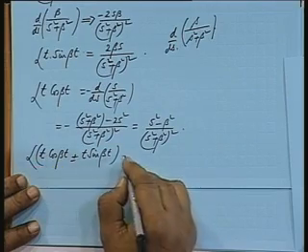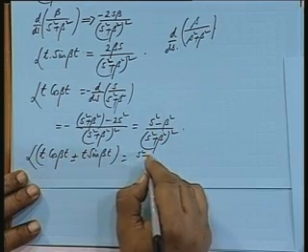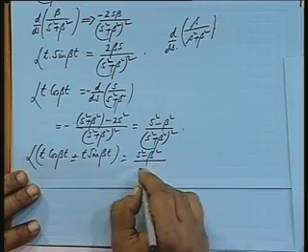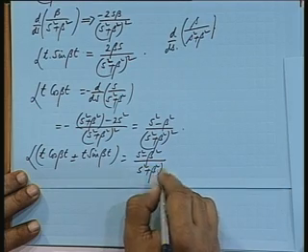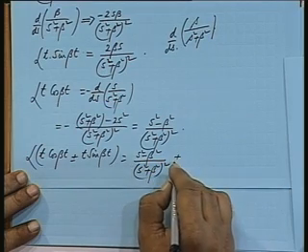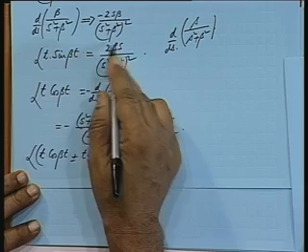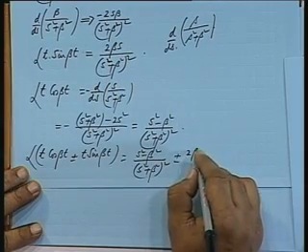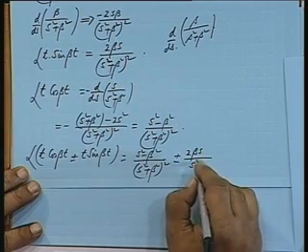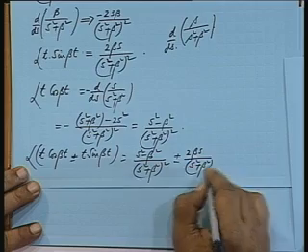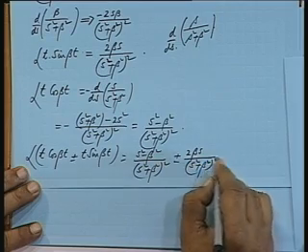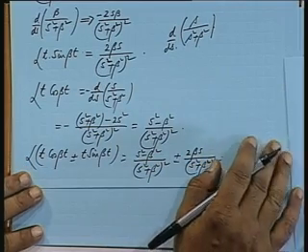The Laplace transform of this will be s squared minus beta square by s square plus beta square whole square, plus minus 2 beta s by s square plus beta square whole square. Okay.